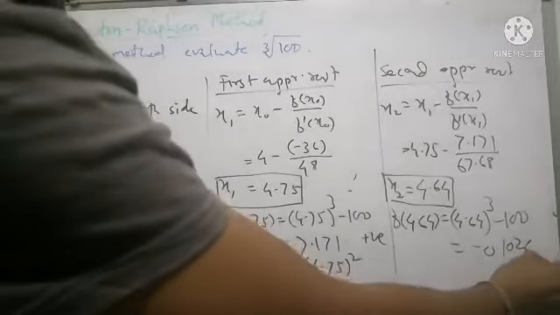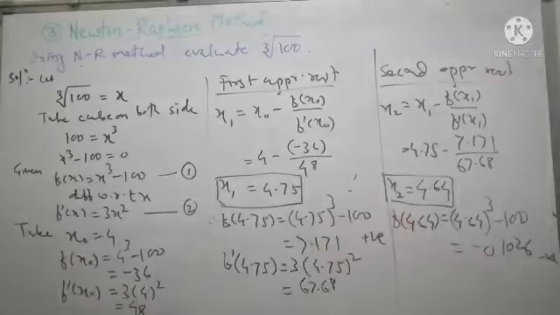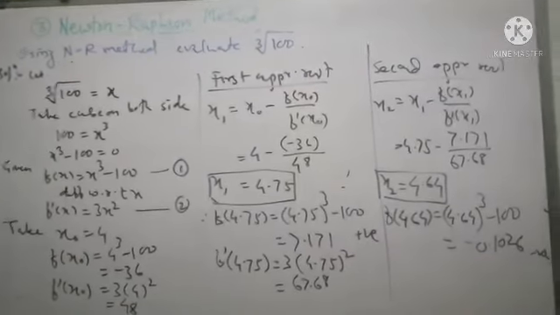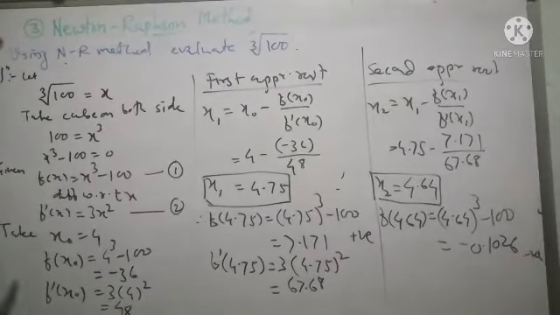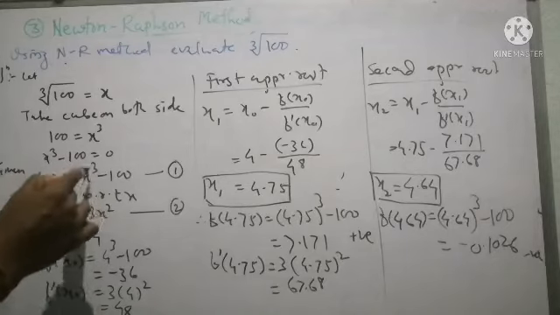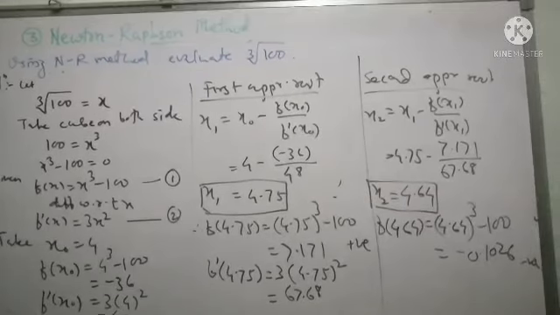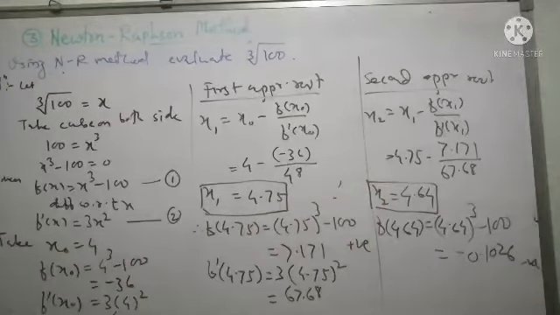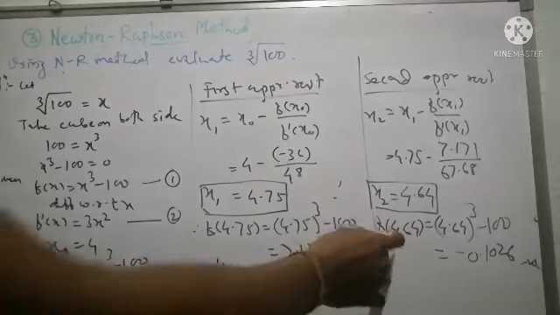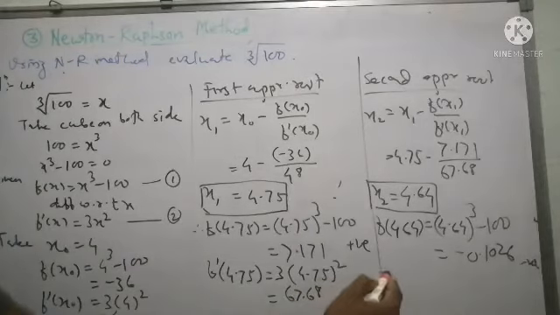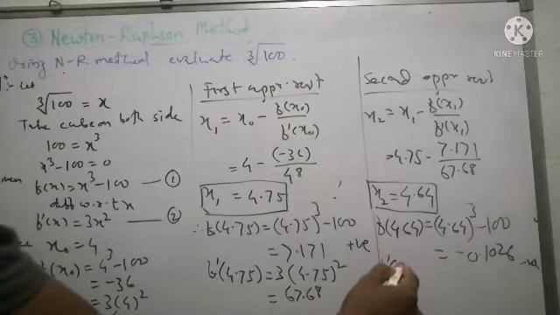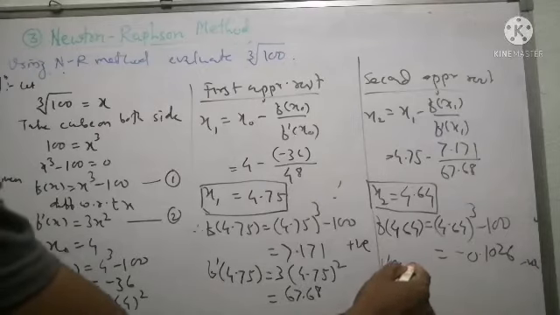As this is a negative value, 4.64 is not a root of the given algebraic equation. So we have to find the next approximate root x3. For that we need x2, which is 4.64, f of x2, which we have calculated, and f dash x2, that is f dash 4.64.